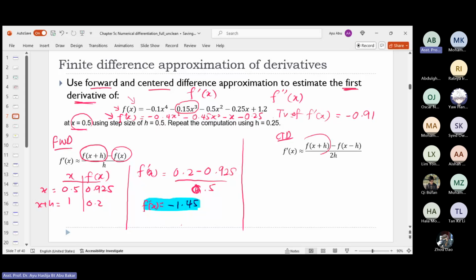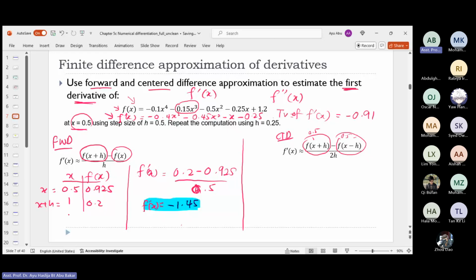Now we proceed to centered. Centered needs f(x1) and f(x0). Your x just now is 0.5. So plus h is 1, and 0.5 minus h is 0.